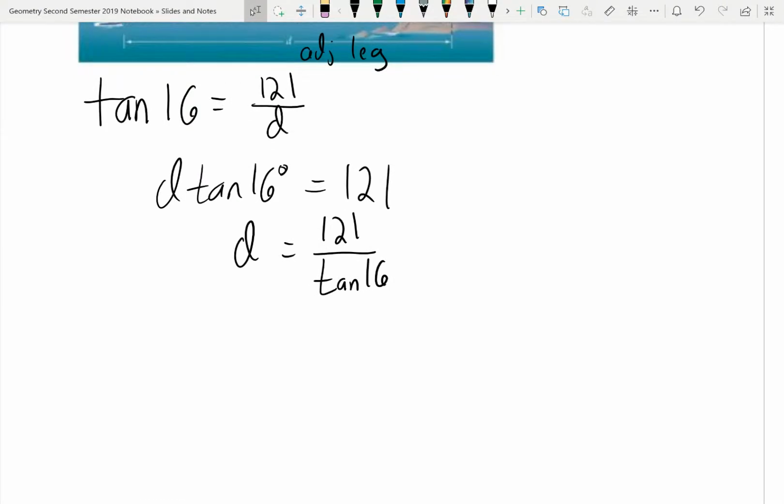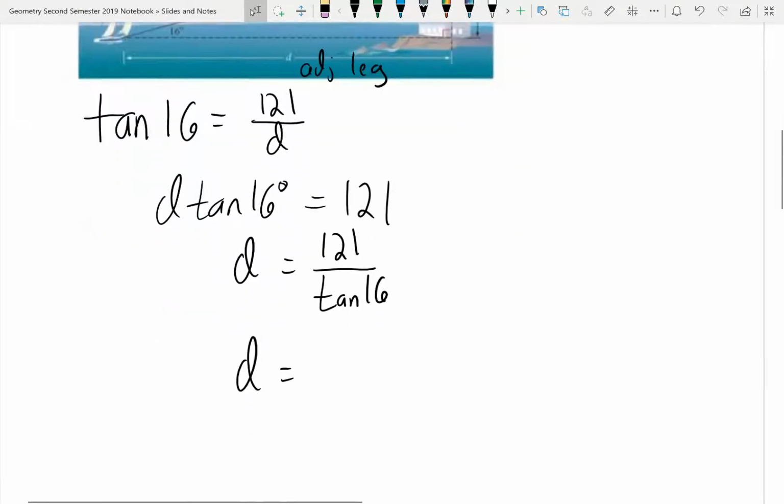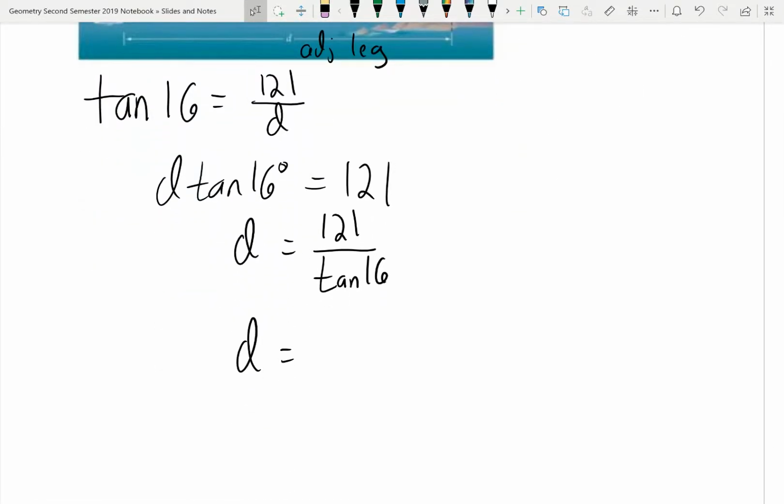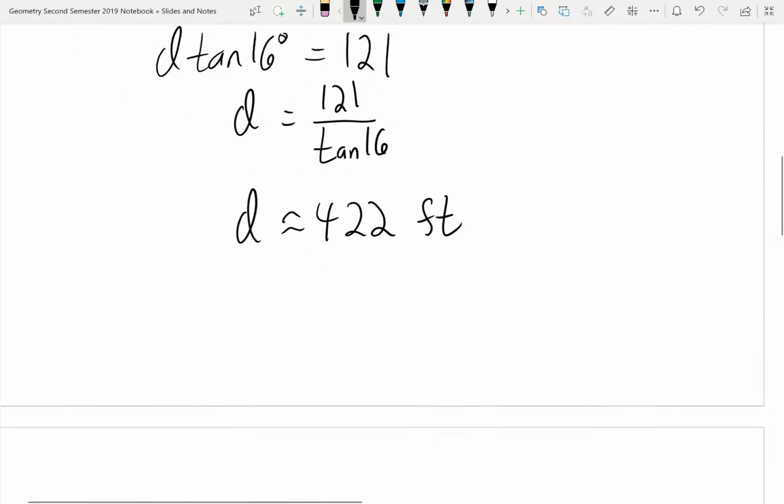When you multiply that out, you get d is approximately equal to 422 feet. And there you go.